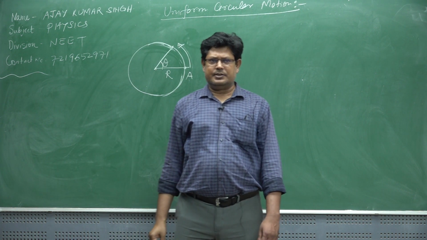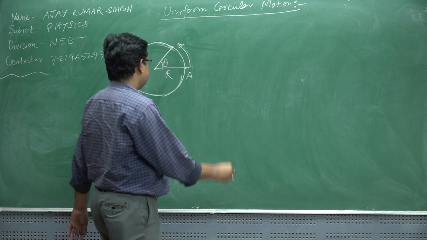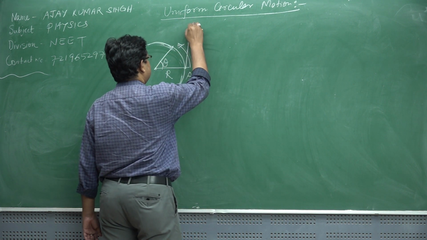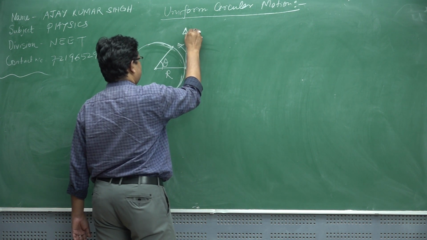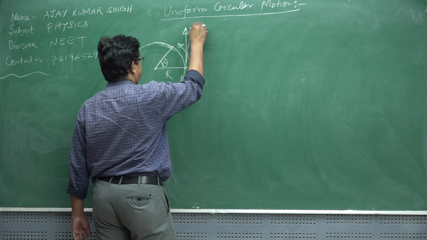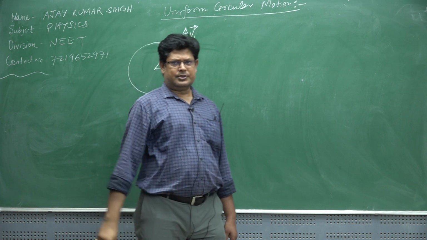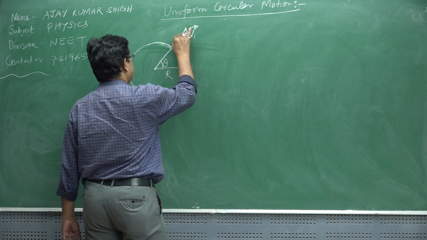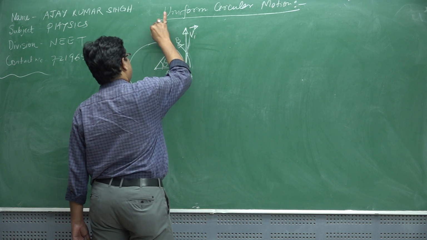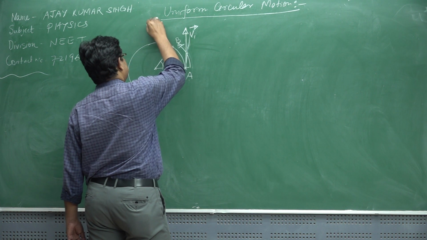So what is the tangential velocity at A? Tangential velocity at A is this, we can say. This is tangential velocity at A. What is tangential velocity at B? Suppose V2 is the tangential velocity at B. This is B. And this is V2, the tangential velocity.